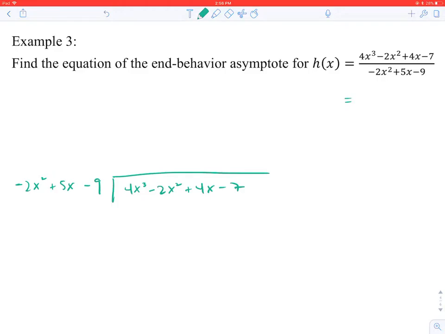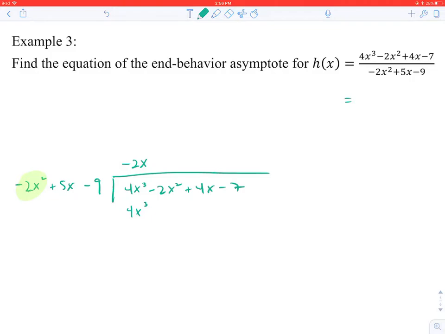So for polynomial long division, we're going to focus on this term and ask, what times negative 2x squared would give me 4x cubed? And that would be negative 2x. And then I'm going to distribute the negative 2x to each term over here. So here, here, and here.